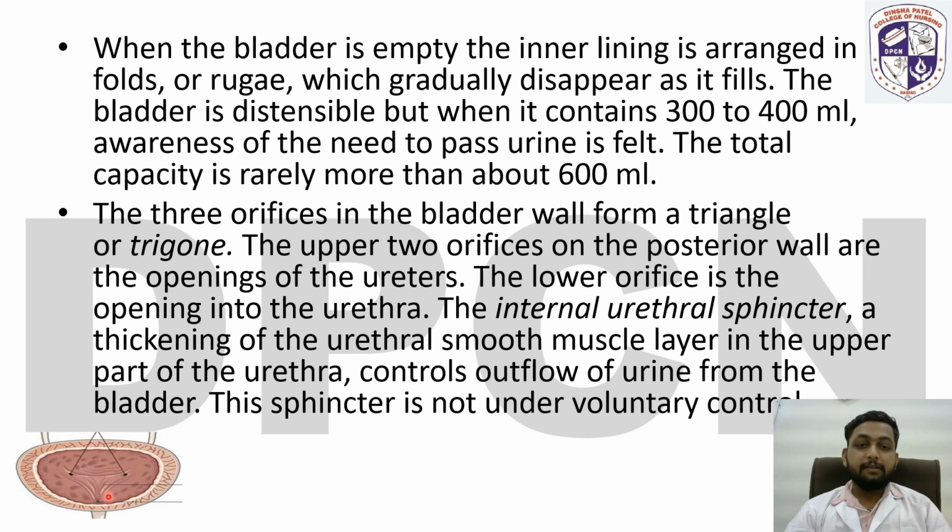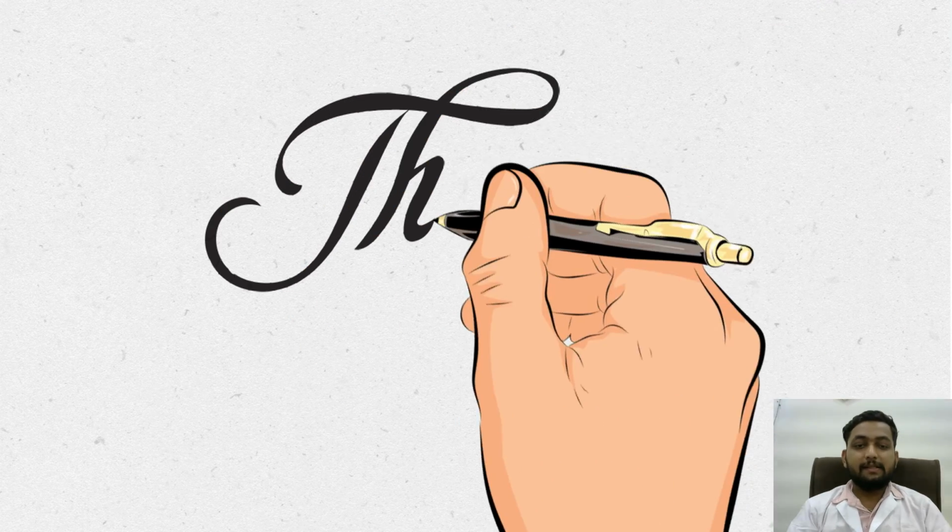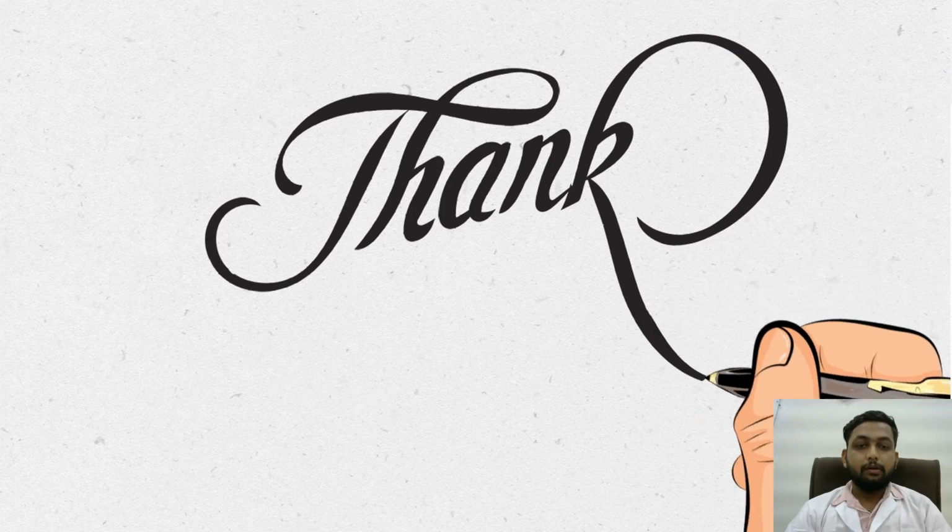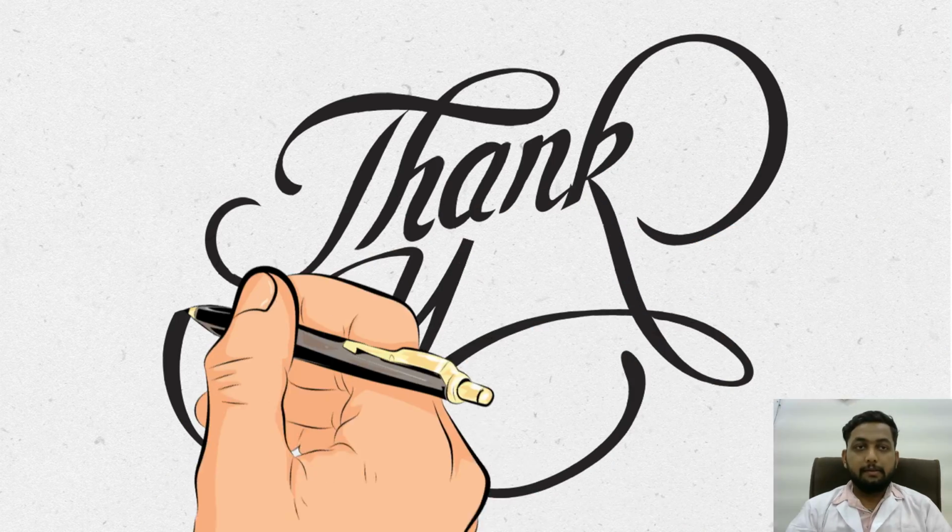There will be thick muscles which are responsible for the control of the outflow of urine. And the sphincter is not under voluntary control. So this is the anatomy of the urinary bladder. Thank you.